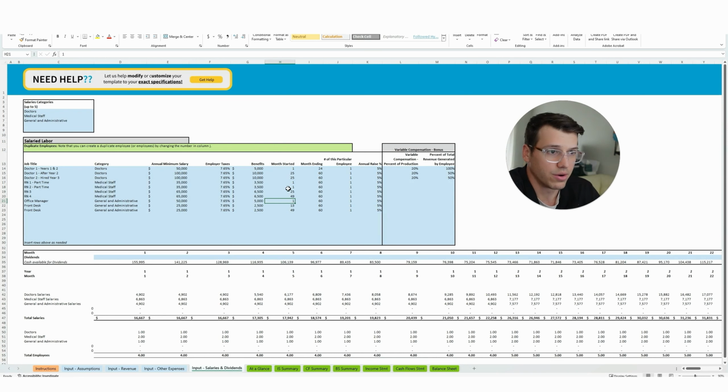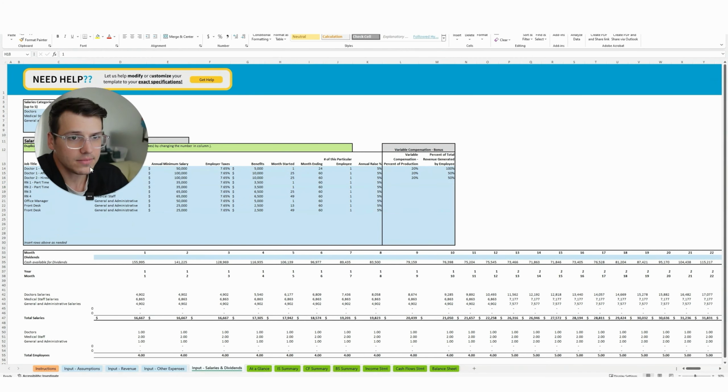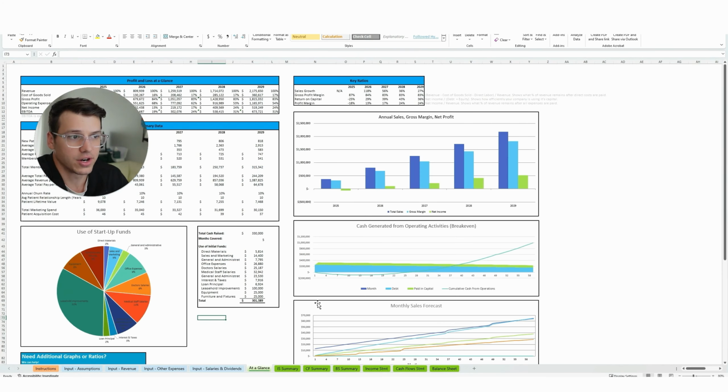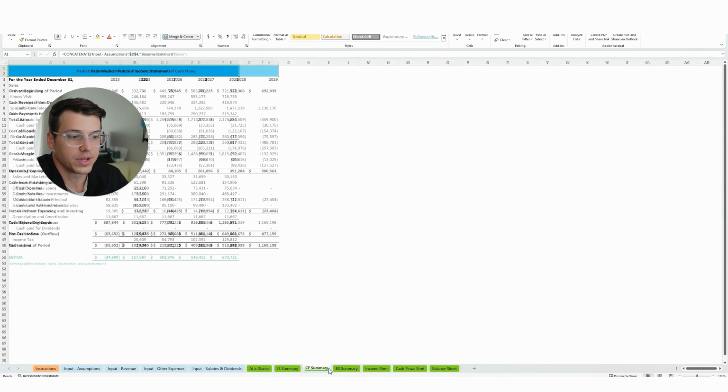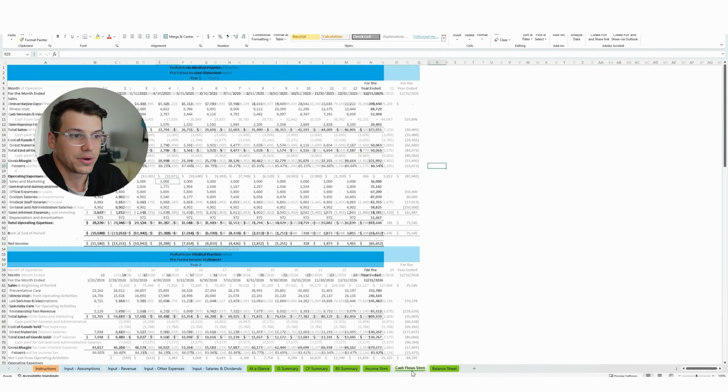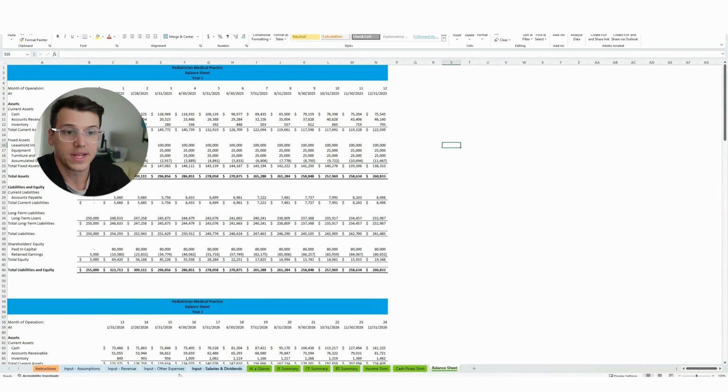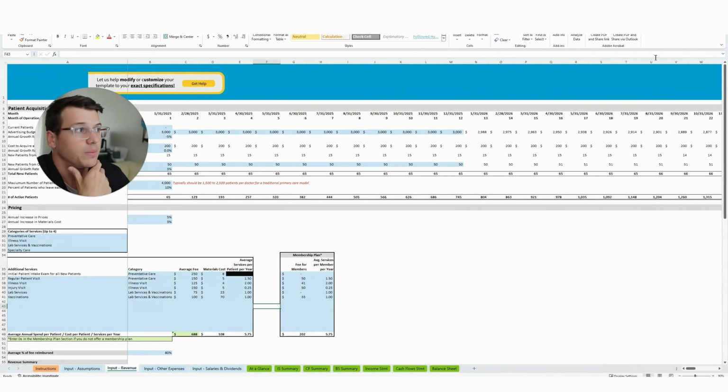You can plan out future employees. We're planning on hiring a doctor in year 2, and additional nurses then. So you can plan that out, and then it's going to create all of the charts and graphs that you saw in the business plan that your lender is going to need. And those will all automatically update as soon as you update any of these if you need to tweak numbers.